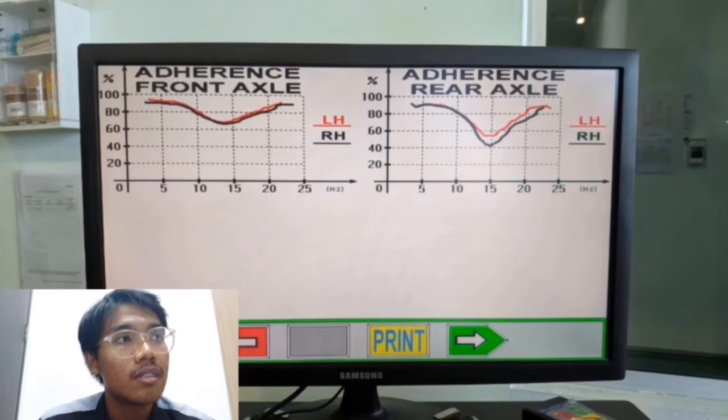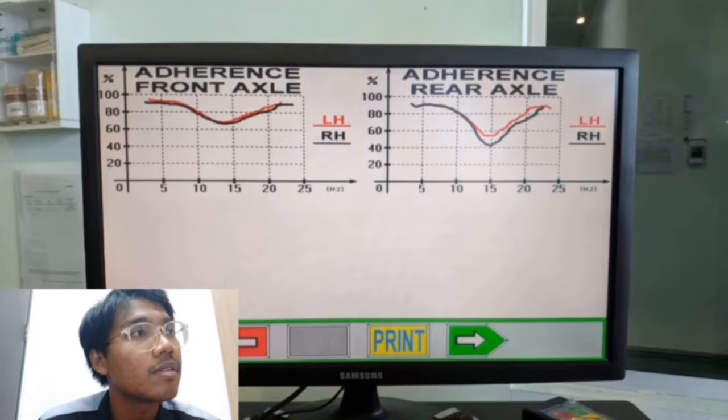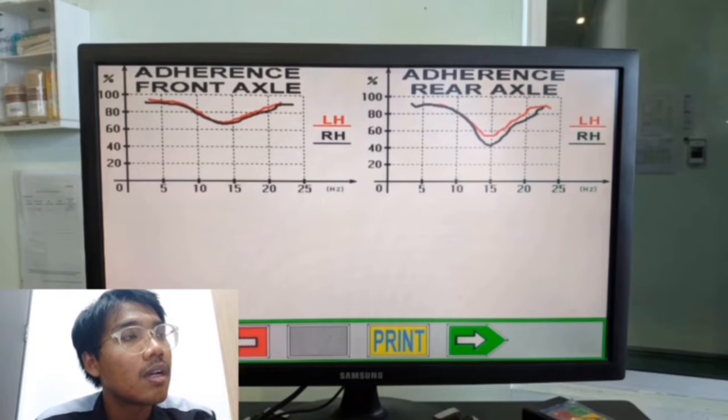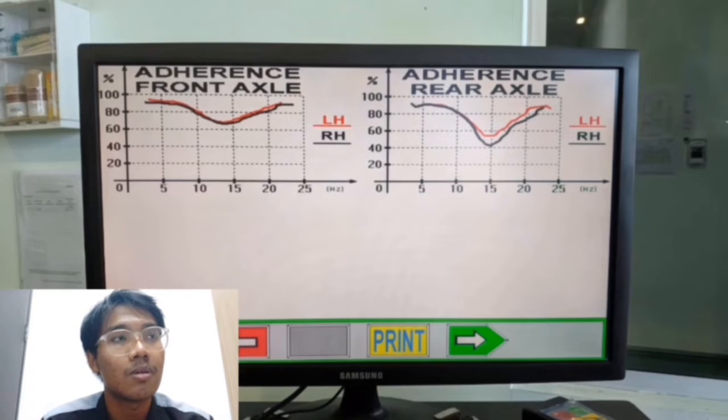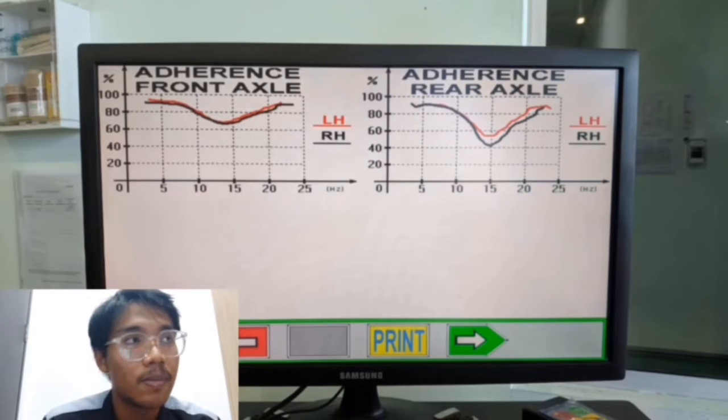And then the rear axle, we have a slight gradient right there, which differs between left and right, but I can conclude that it is also an okay result because there is not much difference between them.